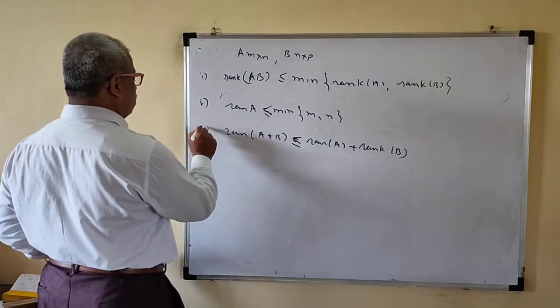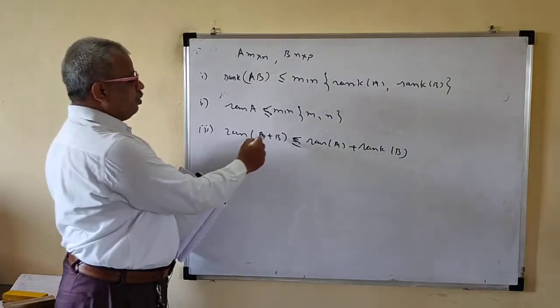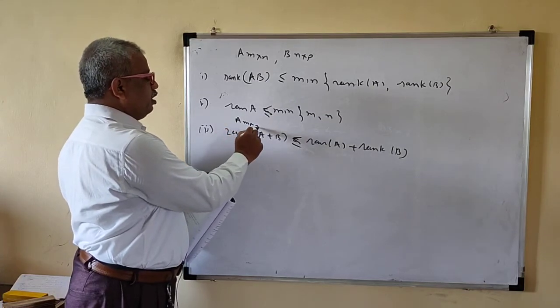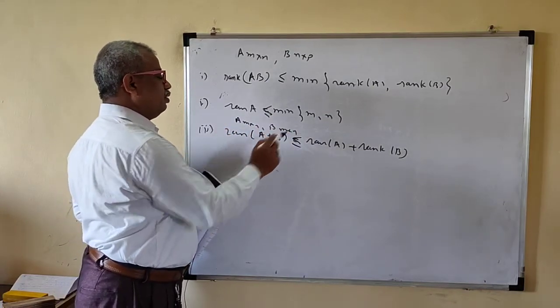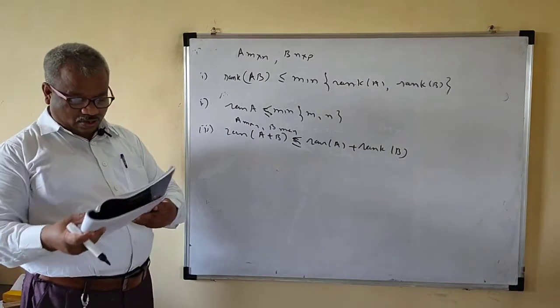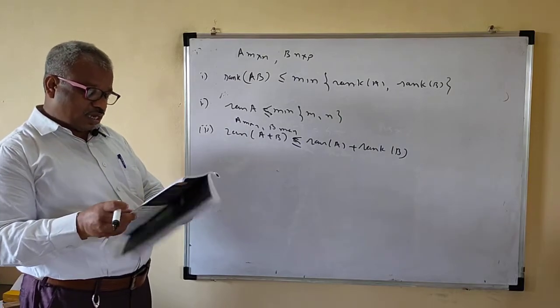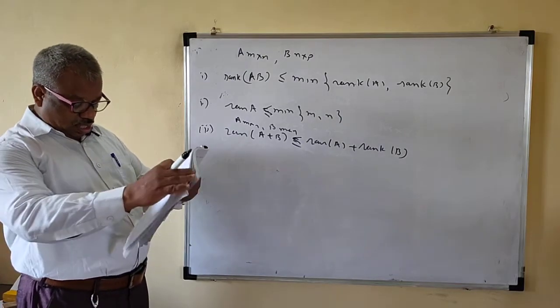So this is the third note. Here A is m by n, B is also m by n. When they have the same order, only then does the addition exist. So this is also a very important theorem. So you should know this.